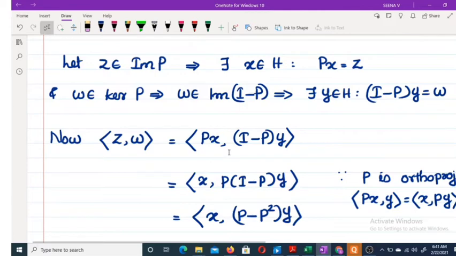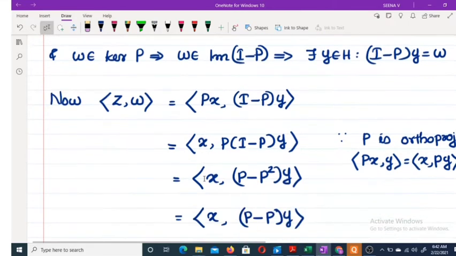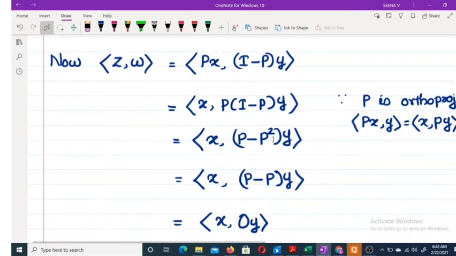This is the same as inner product of Px and (I minus P)y. Clear? But P is an ortho projection, so inner product of Px, y equals inner product of x, Py. So you can write this as inner product of x and P(I minus P)y, which is (P minus P squared)y.